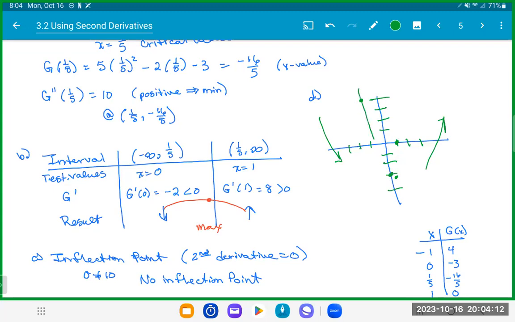So this graph will look something like this, and we can erase these because we see that, yes, it did fall in line with what we expected. Okay. Question.